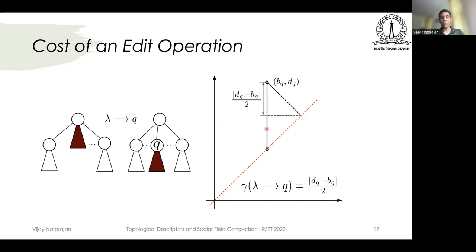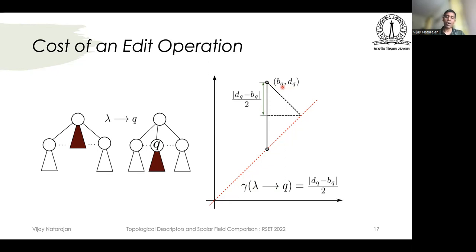is shown in this way. So this point here in the diagram refers to the node Q, and the coordinates are the birth time associated with Q and the death time associated with Q. So this is essentially what it means.